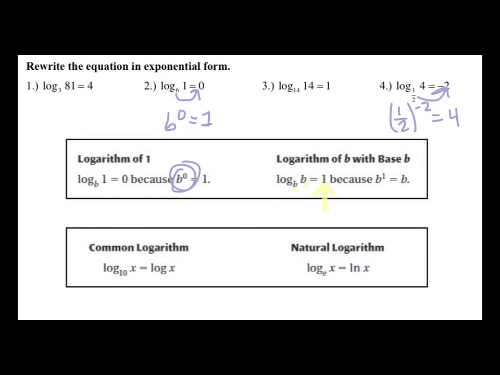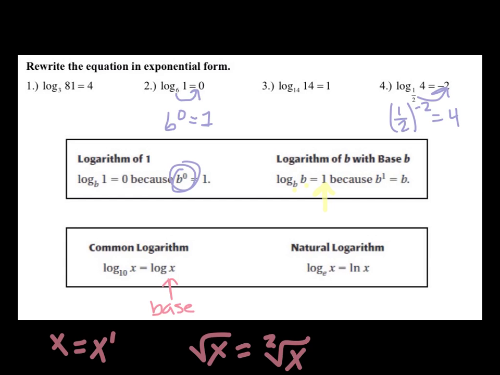So, just like you guys know that x really equals x to the first, and square root x really has an index of 2, when you don't see a base there, you have to know and assume and understand that that is always going to be base 10. And that's going to be important when you start solving these. So just like when you don't see a power, you know it's 1. When you don't see an index, you know it's 2. When you don't see a base, we know that it's base 10 for your log.